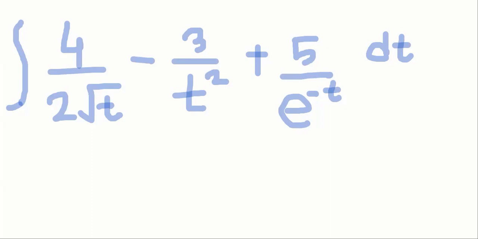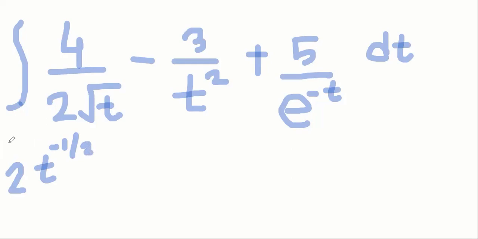So we'll solve step by step first. I intentionally wrote 4 by 2 root t just to give some variety. So what will happen here? 4 by 2 is 2, t to the power minus half.